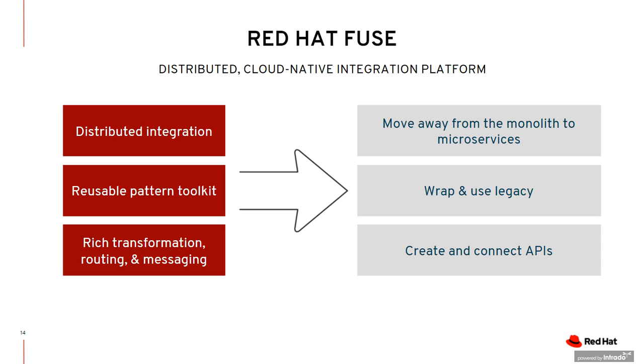And also you can transform and create routes and endpoints, and then with that you can create and connect APIs to it. Furthermore, we have specific tooling for the Fuse Camel SAP component, so you can start using it very easily and very fast by using our quick start tooling on Spring Boot or any other Java platforms you'd like to use.